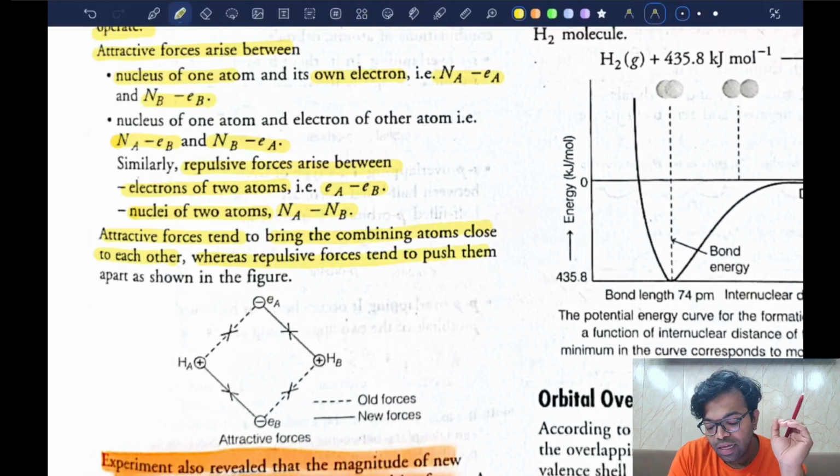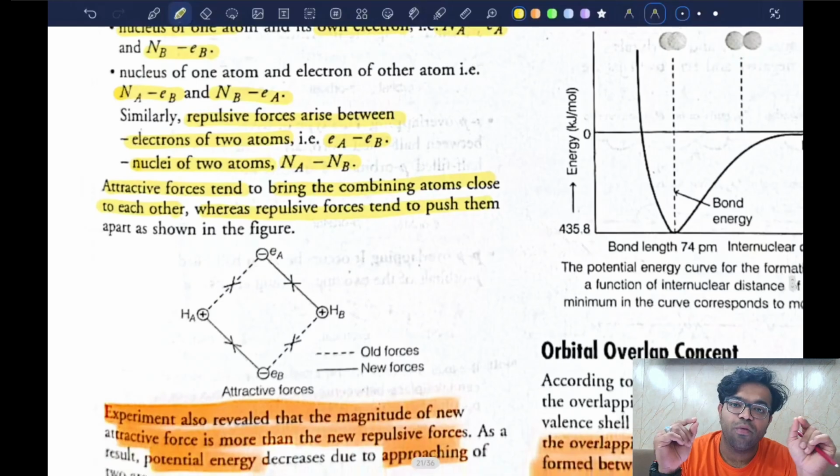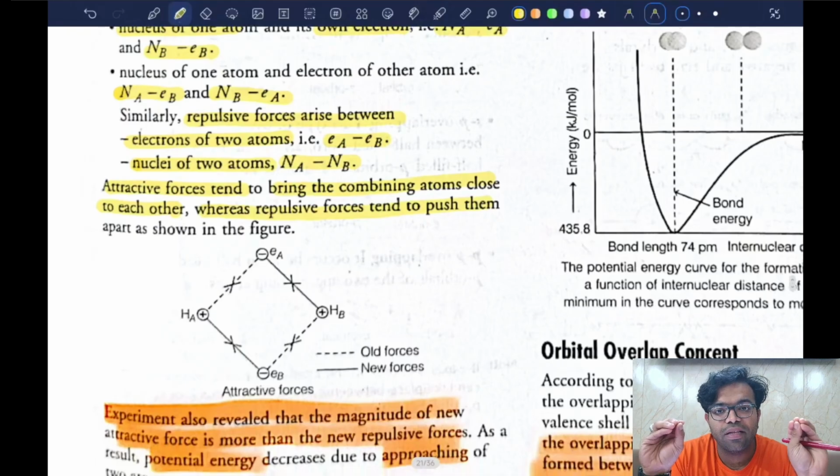The repulsive forces are the two electron clouds existing between hydrogen A and hydrogen B. Similarly, there is a repulsion existing between the two nuclei, Na as well as Nb. So these are the two repulsive forces that exist. The repulsive forces are trying to keep the two hydrogen atoms apart, the attractive forces are trying to bring both hydrogen atoms close to each other. So these two are balancing each other out. The place where these two balance each other out is what we call the formation of a bond.